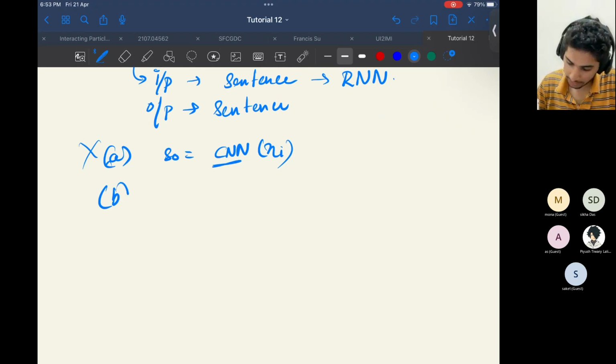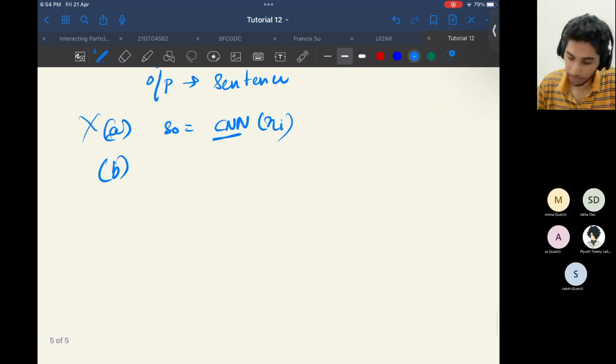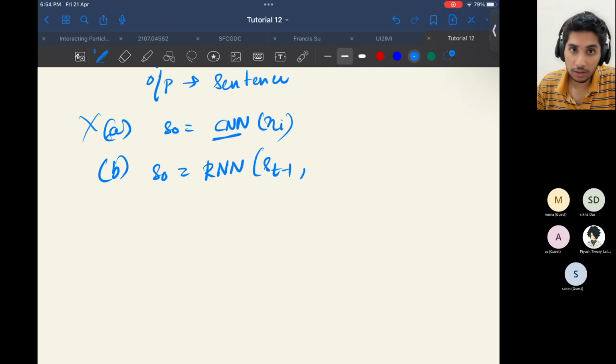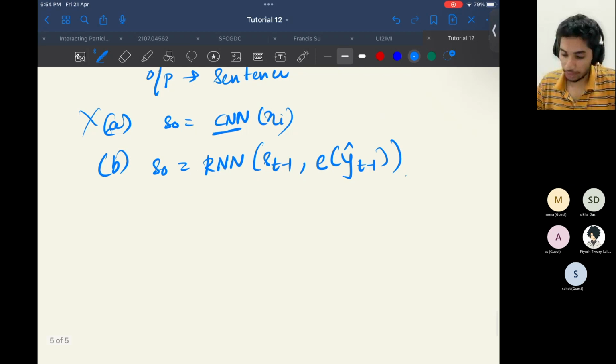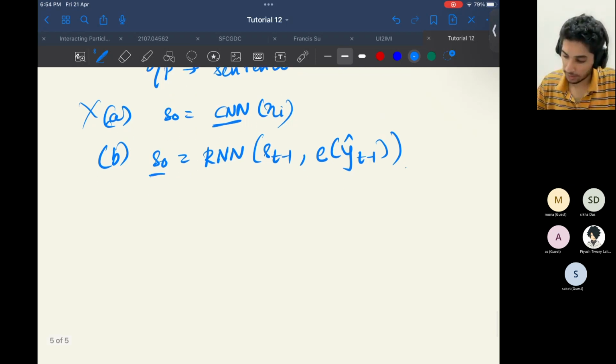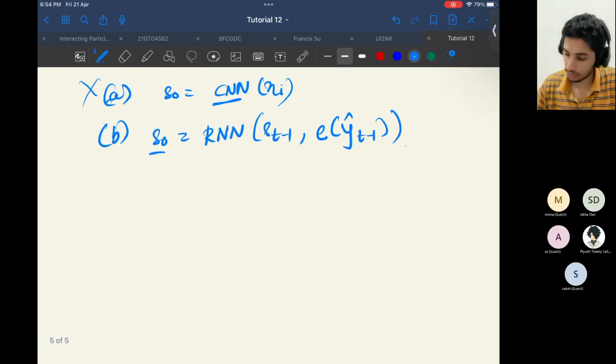Let's see what the B option is. The B option is saying that S naught is equal to RNN of S T minus 1, comma, E of y hat T minus 1. By the way, I hope you remember what S naught is. S naught was the summary that I was talking about.